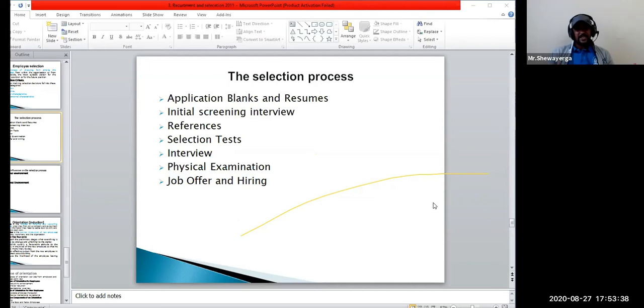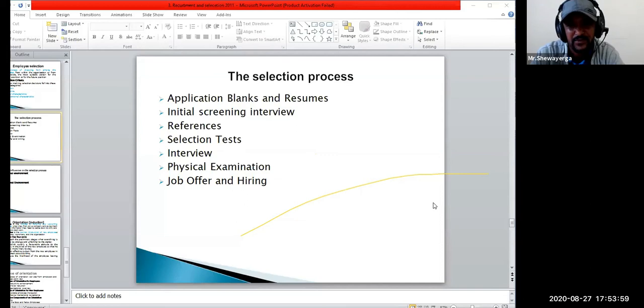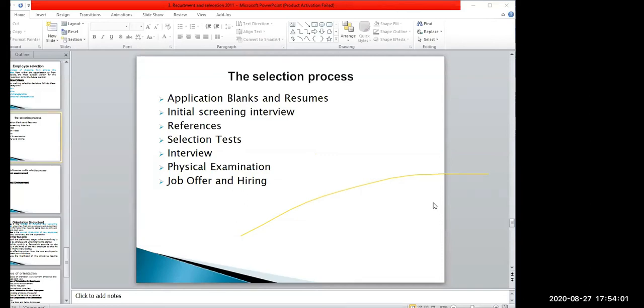What are the criteria for initial screening? Whether the specified job items can be performed by this person or not is checked at that point, and educational background will be seen. Then if the post requires testing, an exam will be provided.